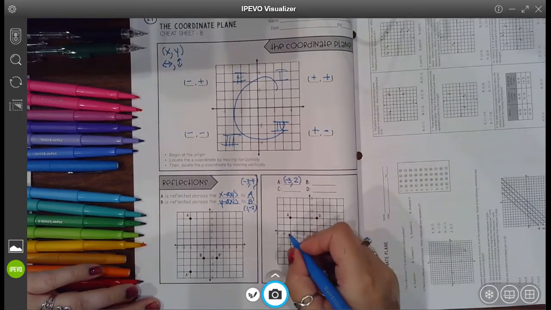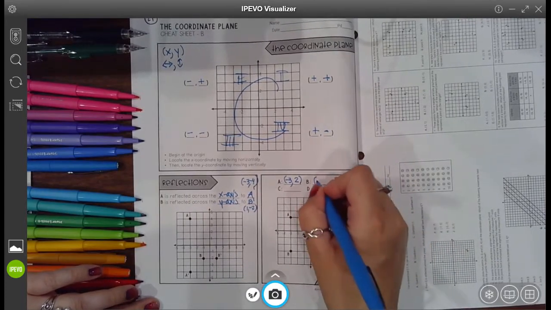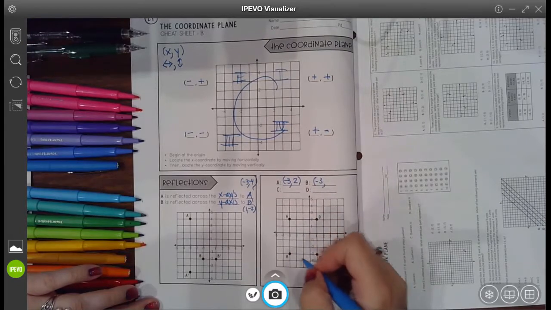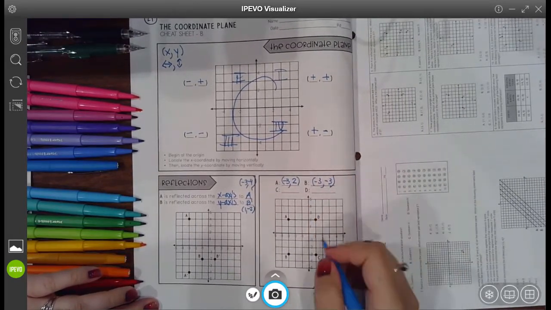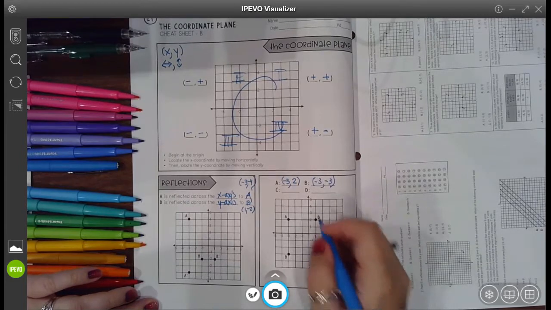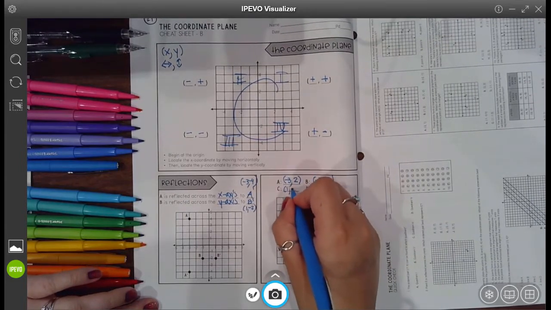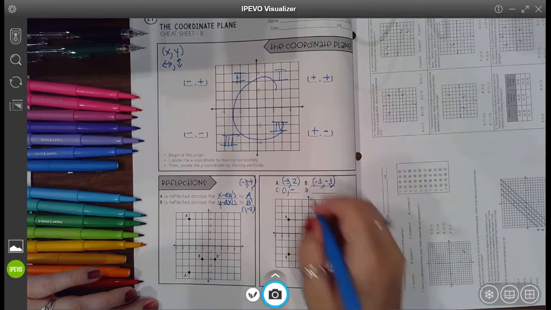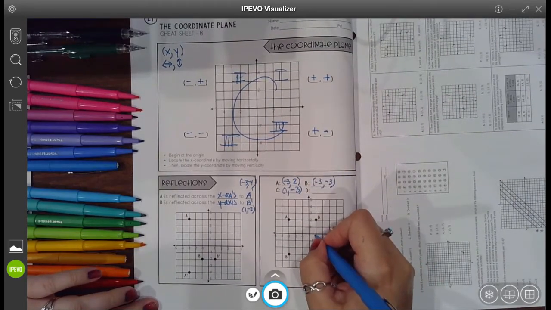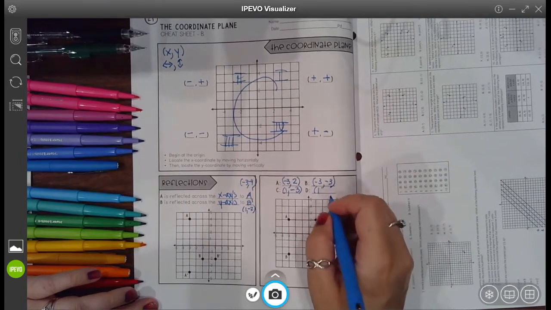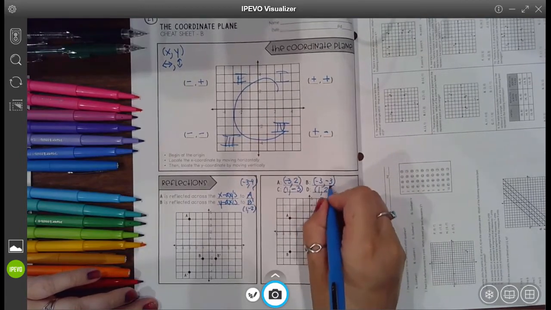B went left as well, left 3, but this time down how many? It went down 3. C went to the right 1, and down how many? 3. And finally, D went over to the right 1, and then up 2.